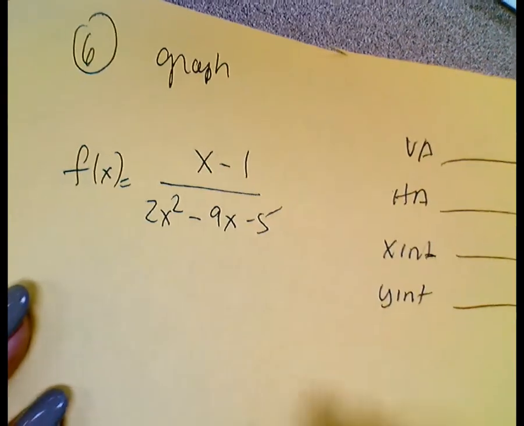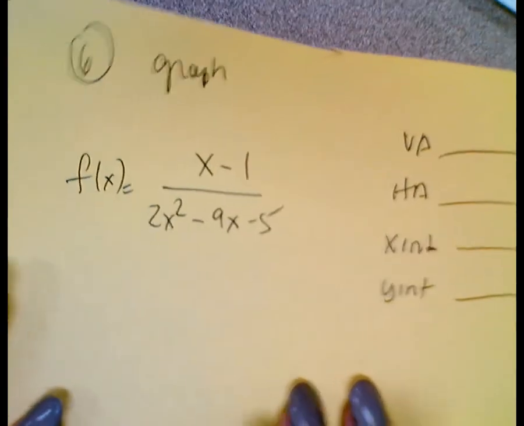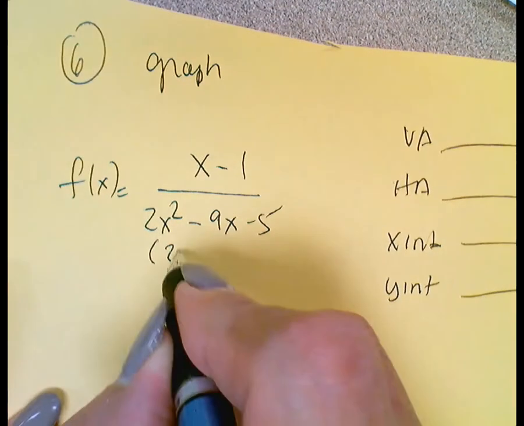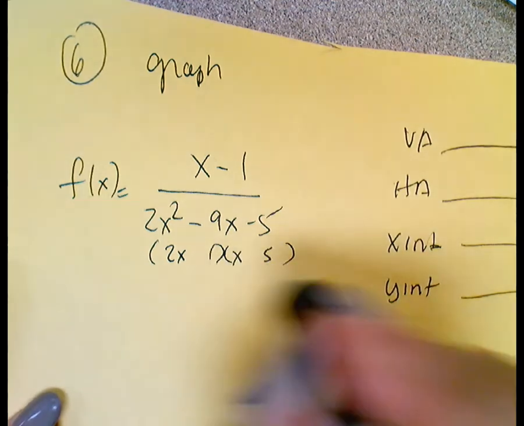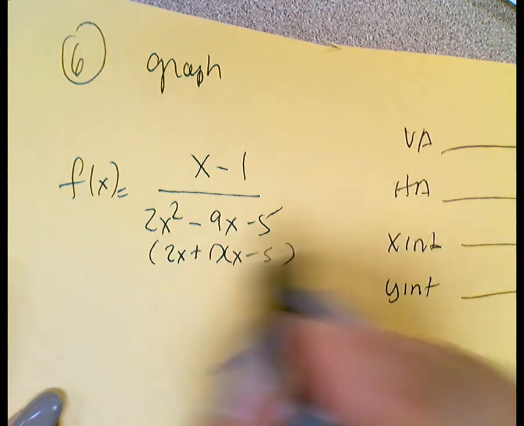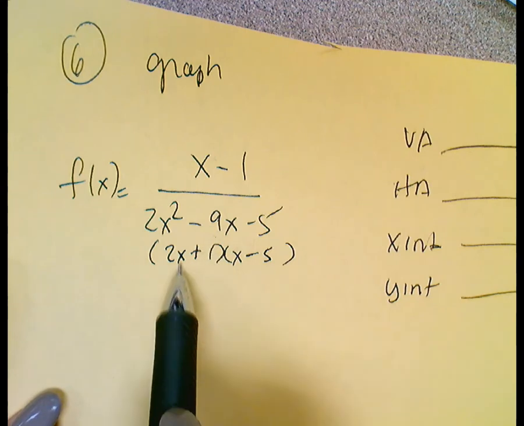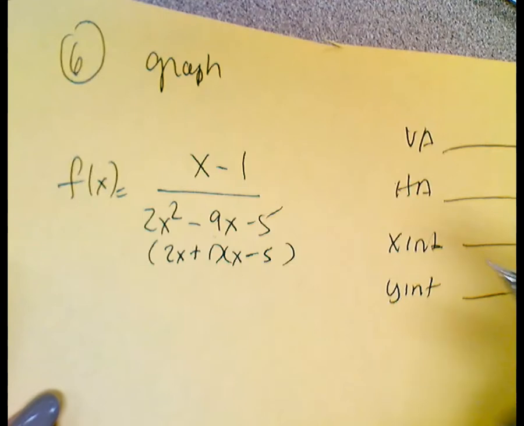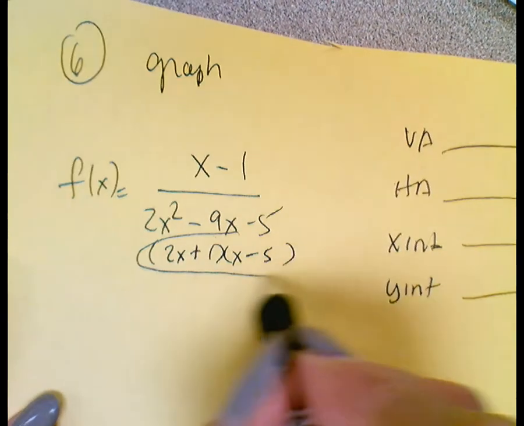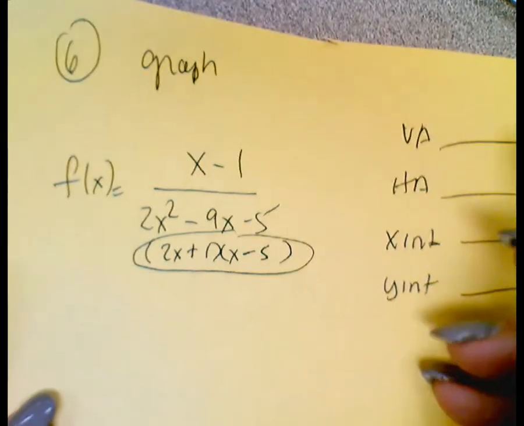This one, graph. I'm going to factor the bottom. Because this is a negative 9, this needs to be negative 10 and 1. So there's your factors. Nothing cancels, so you have 2 vertical asymptotes.